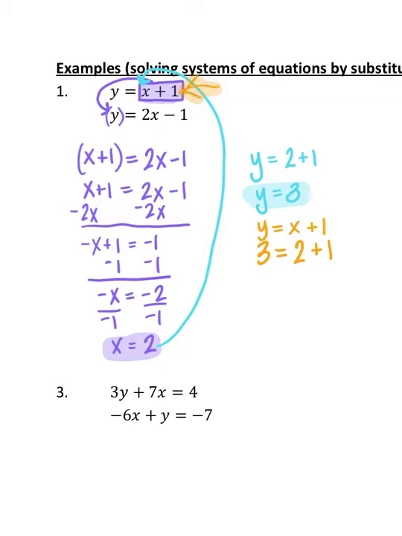And I'm plugging in my answers now. 3 for y, so y equals 3 equals 2, because x is 2, plus 1, and I get 3 equals 3. And that is a true statement, so I know that both of my answers are correct.